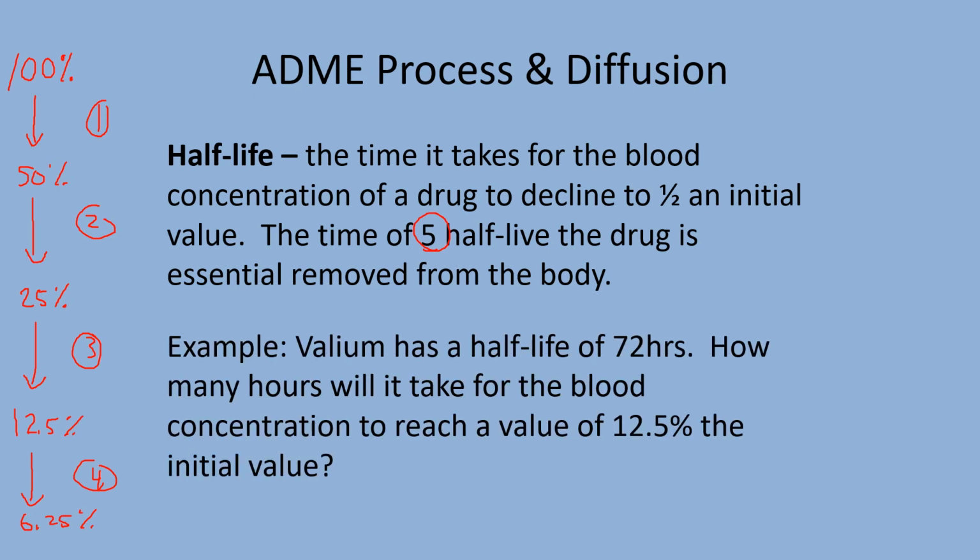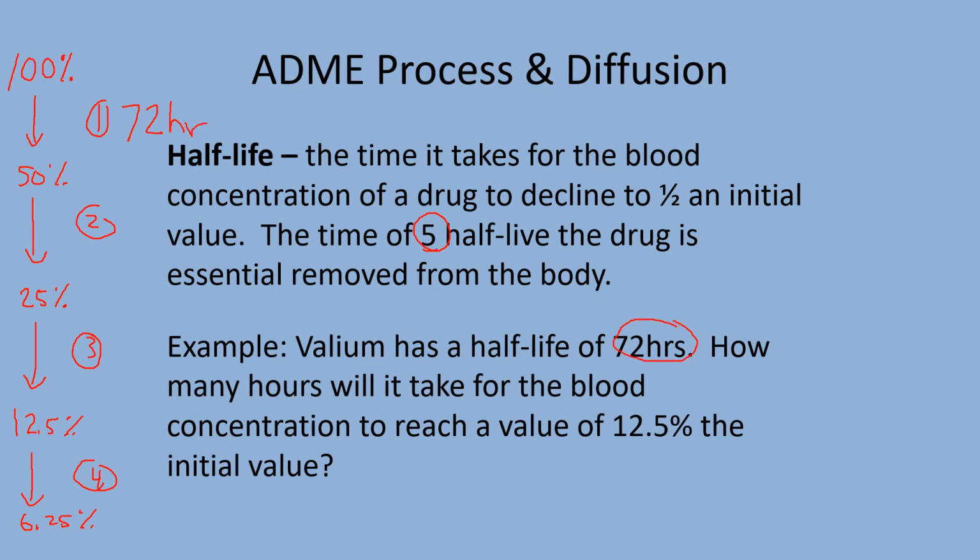So let's see here. Valium has a half-life of 72 hours. How many hours will it take for the blood concentration to reach 12.5% of the initial? So how many half-lives does it take to get down to 12.5%? 3 half-lives, right? So going from 100% to 50%, how much time was that? 72 hours, right? That's the half-life of Valium.